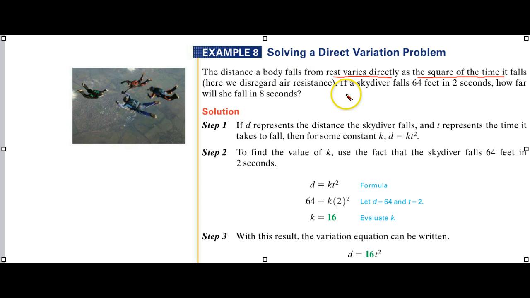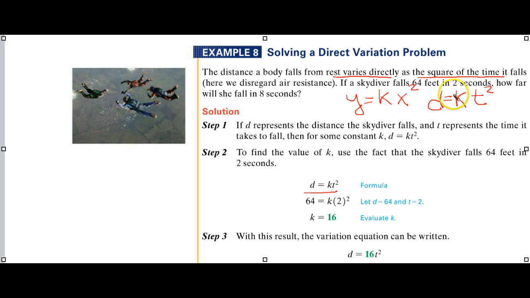So our basic formula would be y equals k, but now our x is going to be squared. And again, what letters might we substitute? Well, y is going to be distance. The k stays the same. And our x is time. So t squared. And that's what they have.